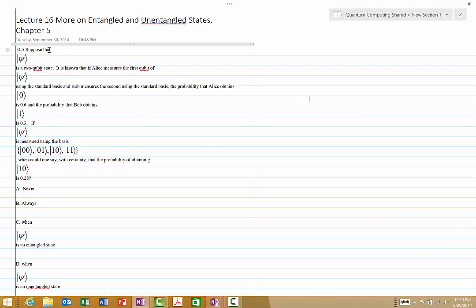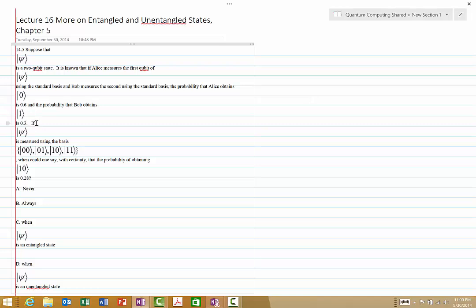So just to help you read it, it says, suppose that C is a 2-qubit state. It is known that if Alice measures the first qubit of C using the standard basis, and Bob measures the second using the standard basis, the probability that Alice obtains the 0 ket is 0.6, and the probability that Bob obtains the 1 ket is 0.3.